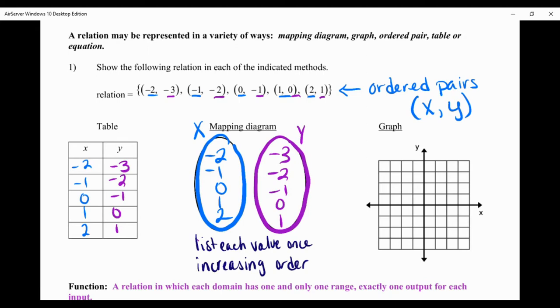From here, we use arrows to show the direction, how each x value maps to the corresponding y value. So this input value maps to this output value: -1 to -2, 0 to -1, 1 to 0, and 2 to 1. This is a linear relation, so the mapping diagram looks pretty straightforward, but typically for a relation, I'm just going to fill in random numbers.